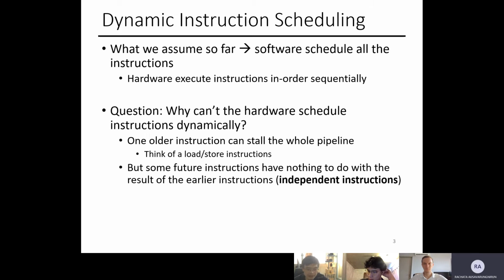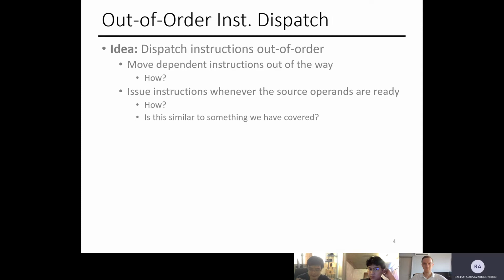The question that we're asking is basically, can we have the hardware do this scheduling or assist in scheduling? Basically, can we imitate the data flow graph, right? And the answer is yes, through out of order. So let's look at the first thing we have to consider. How do you dispatch instructions not in the order of their arrival? The key here is to figure out, is this an independent instruction?